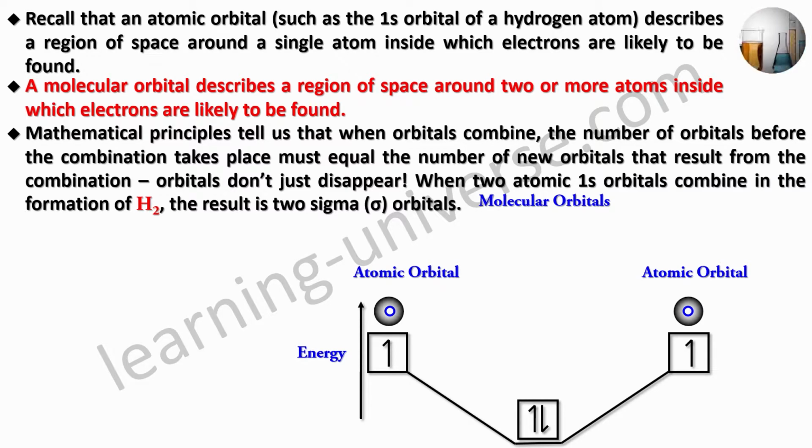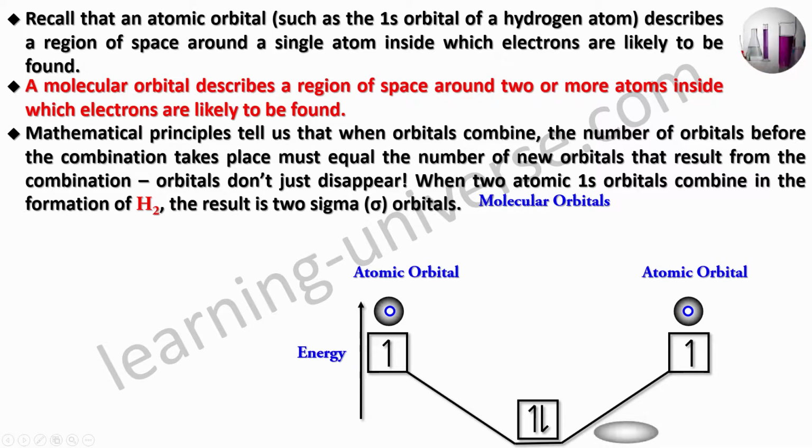If you notice here, these are the two atomic orbitals, and this is the molecular orbital that results from them, and this is the level of the energy of the atomic orbital, because remember, this axis is the energy axis. This is lower in energy, so the electrons are found here.